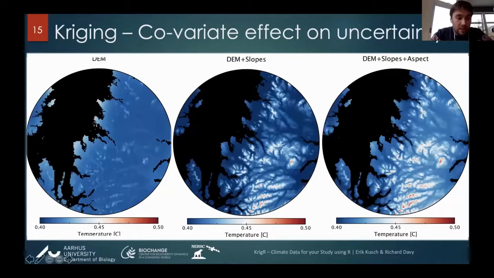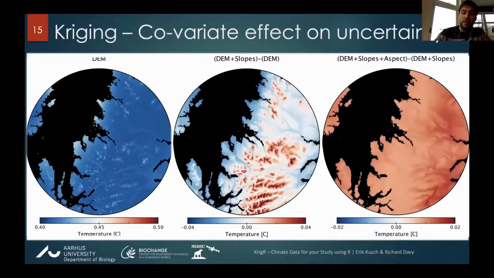So if we look at the uncertainty with just the elevation over here, it's very flat. So we get this very similar uncertainty in the estimate across most of the domain. When we introduce the slopes as well, we start to see an increase in the uncertainty, mostly across the high mountains. And then we see again a subtle increase in the uncertainty when we introduce the slope aspect as well.